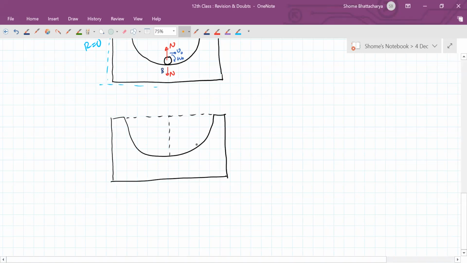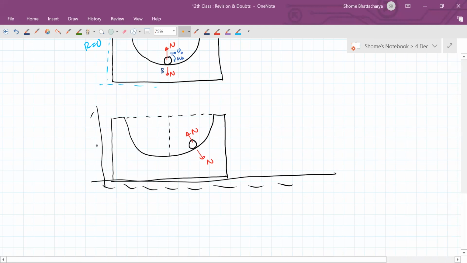When the sphere is somewhere here, you can see that the normal contact force has a horizontal component on the wedge, and by now the wedge has lost contact with the wall. So there's in fact even a gap now. By now the wedge has got some displacement like this. And of course friction continues to act. So now friction will act like this, it will decelerate, and on this it will act like this.